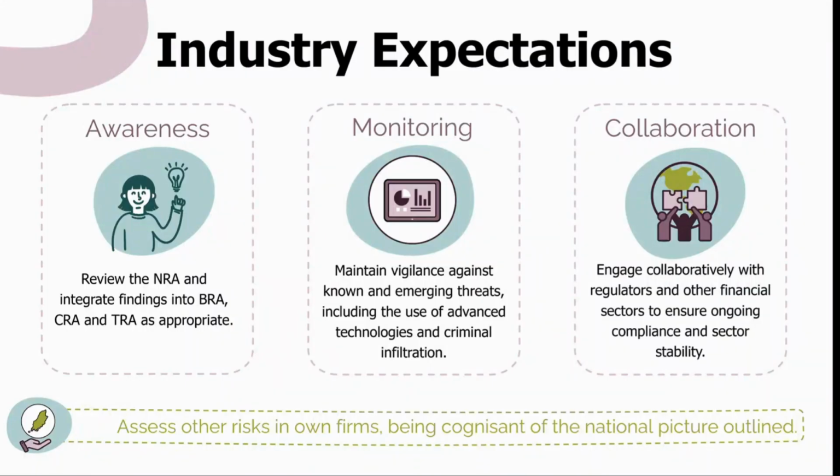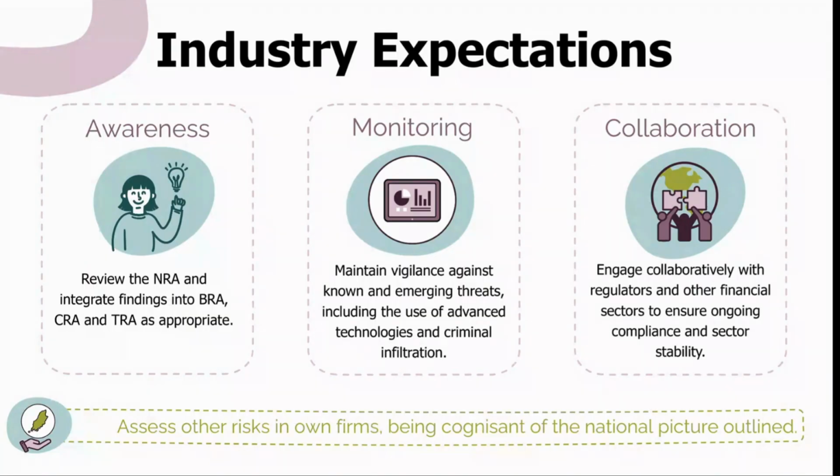The expectation is to not just have controls in place, but to regularly review them and ensure that they are effective. From a national perspective, there'll be a review of the national risk assessment every couple of years to ensure it's up to date, but we'll still continue the cycle that we've had previously.